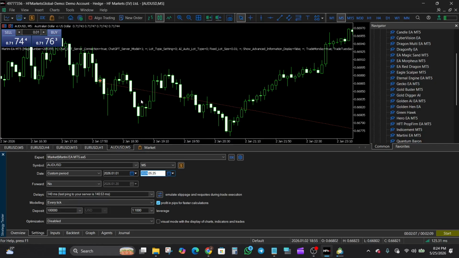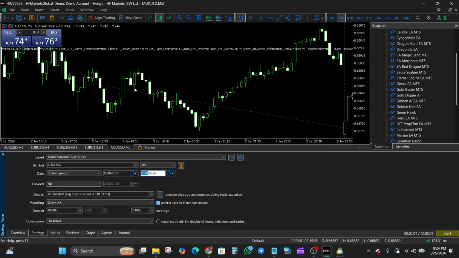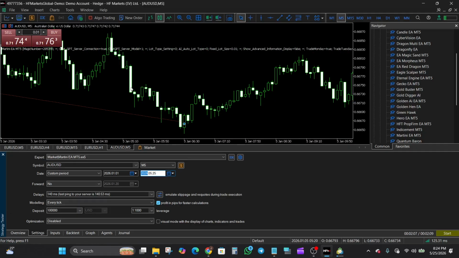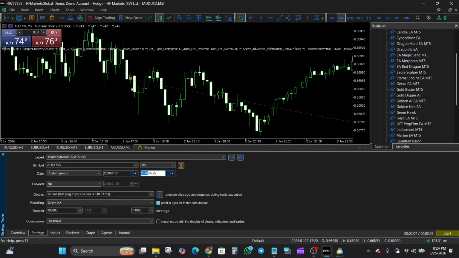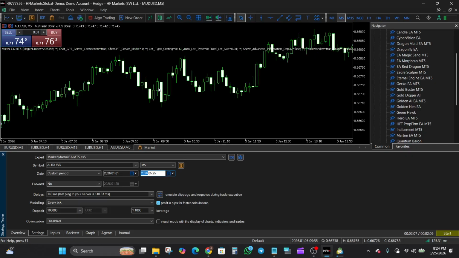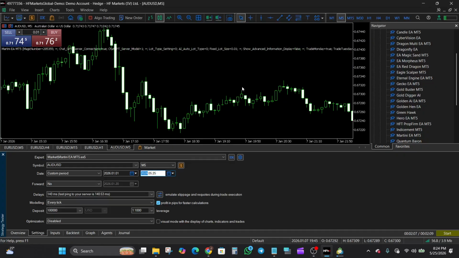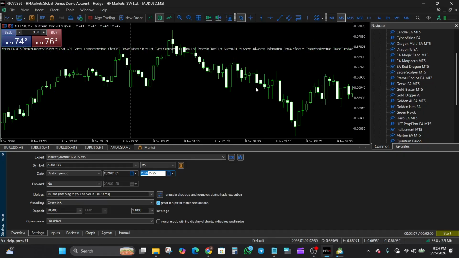So from a strategy perspective, what is visible is a focus on short term entries using pending orders, with the system aiming to secure small movements rather than holding trades for extended trends. The AI component is positioned as a way to adjust entries dynamically, but the exact internal logic isn't detailed beyond that description. Okay, so we can also see that this EA is not the type to stack a lot of trades at a go. Yeah, we can see that there is significant spacing between trades.